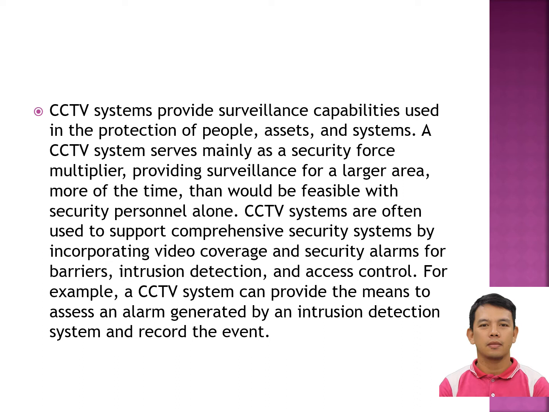CCTV systems are often used to support comprehensive security system by incorporating video coverage and security alarms for the barriers, intrusions detection, and access control. For example, a CCTV system can provide means of access and alarm generated by an intrusion detection system and record the event. So CCTV makes a big help aside from our security guard personnel.